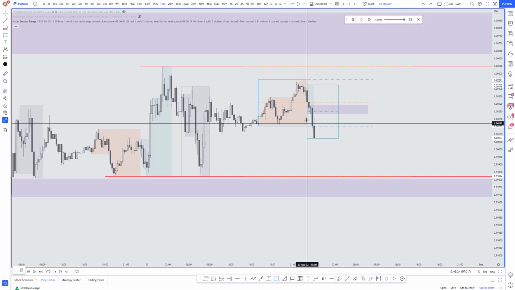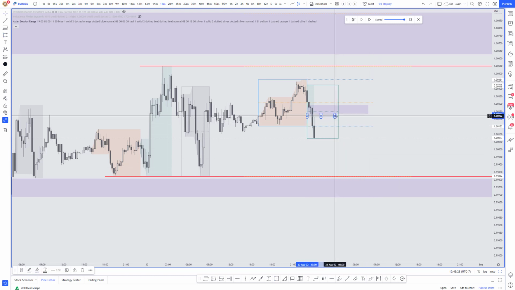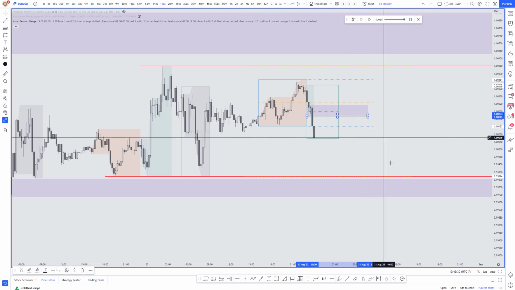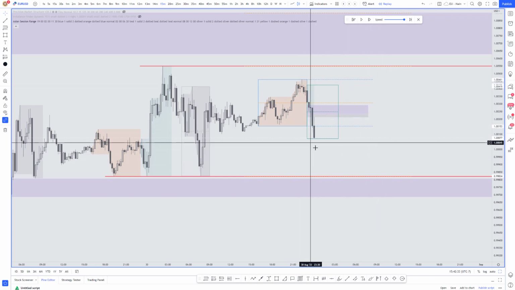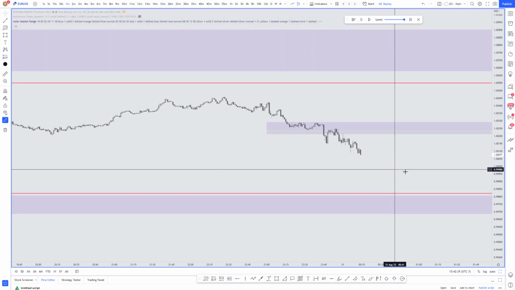So now we can pull the imbalance tight to the inducement. So everything inside there's free game. Now you got a lot of aggression, a lot of momentum. It wouldn't take much to sell me a sell at this point.